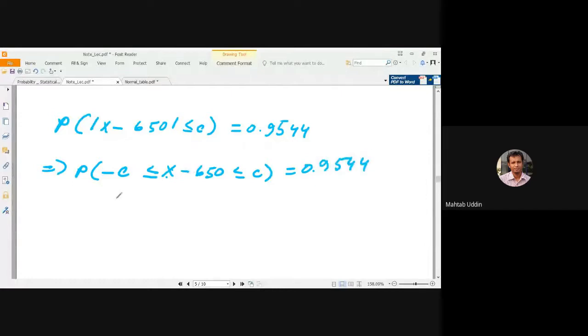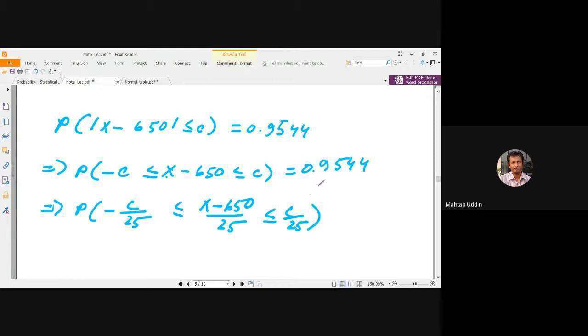We can divide all parts by 25. So probability minus c by 25 less than or equal x minus 650 by 25 less than or equal c by 25 is equal to 0.9544.